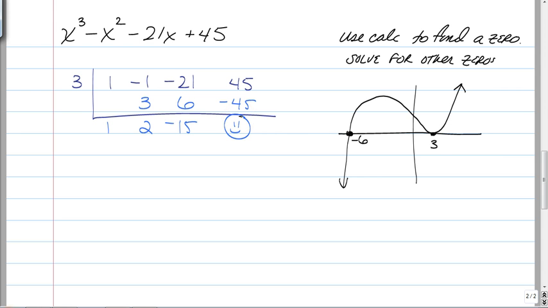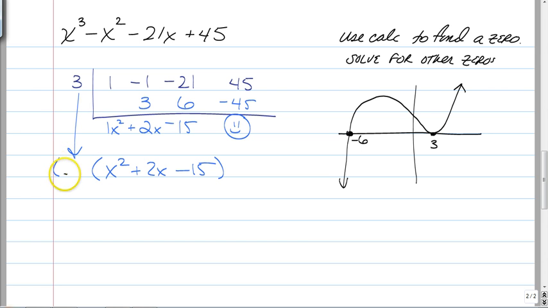If you would have accidentally used, say, -3, for some reason, you would not get the correct answer. You'd have a remainder, and that would be bad. So, again, we put our x squared, our x, and we have our -15. So we have x squared plus 2x minus 15 here.